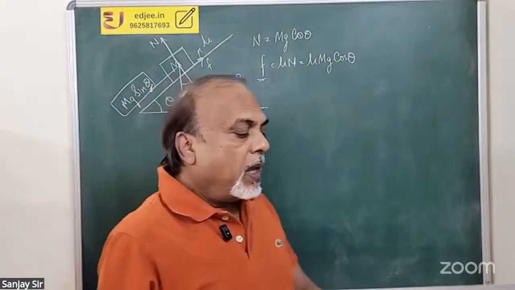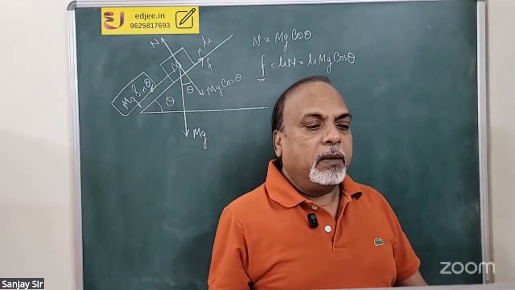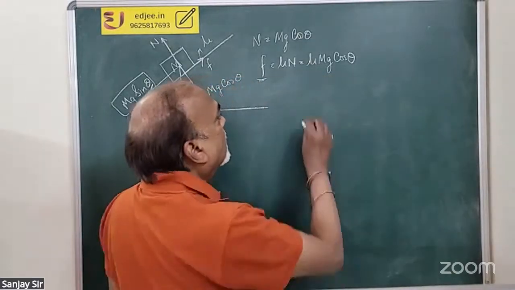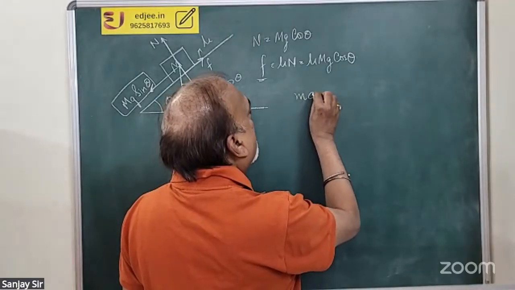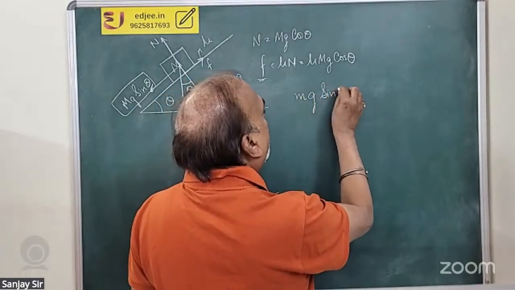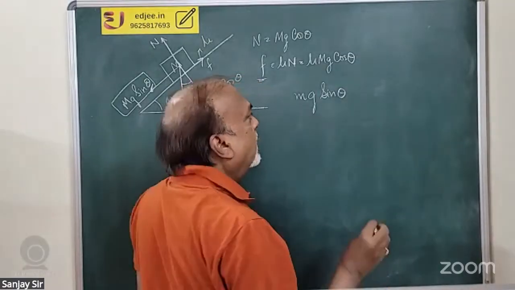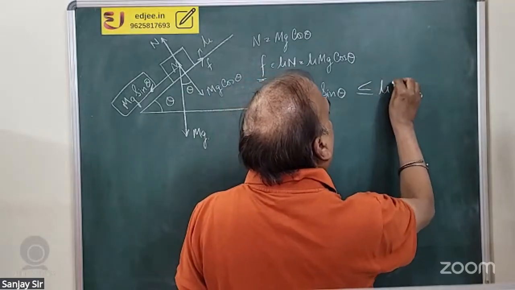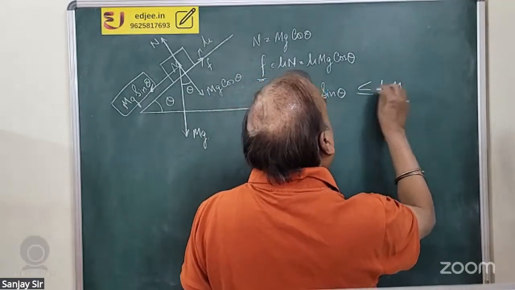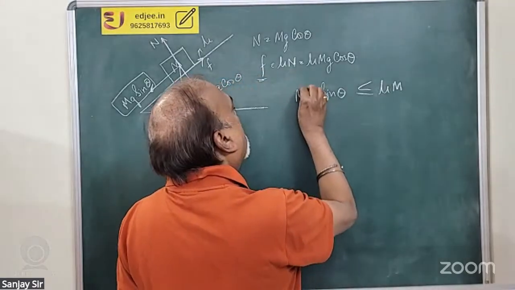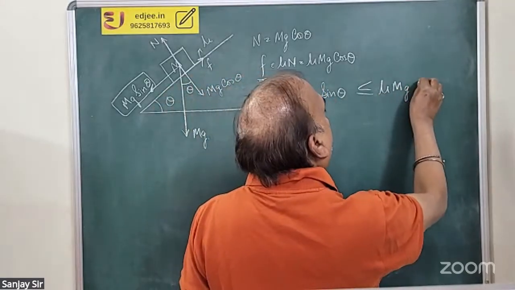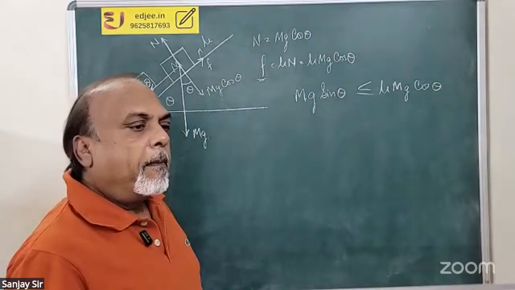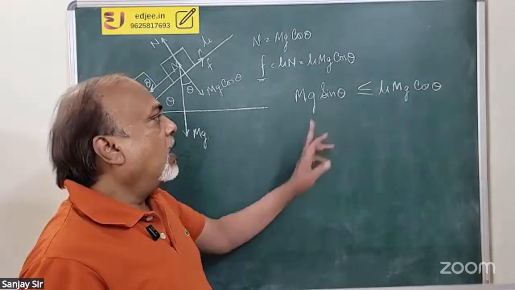Then, in the limiting case, what will happen? In the limiting case, as long as mg sin theta is less than or equal to mu mg cos theta, the block will not slide.